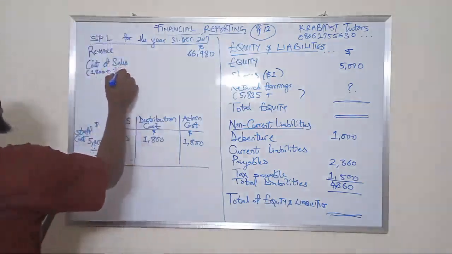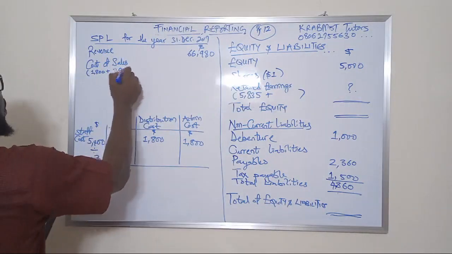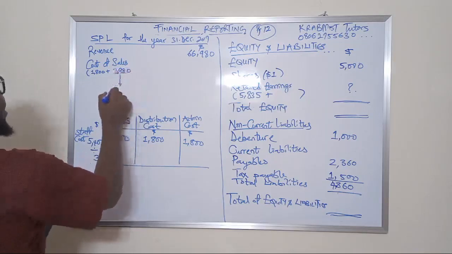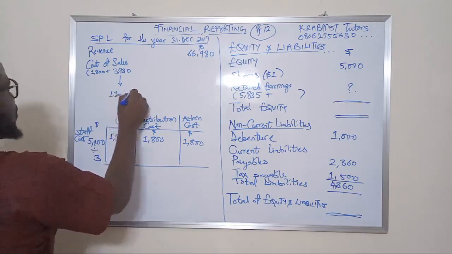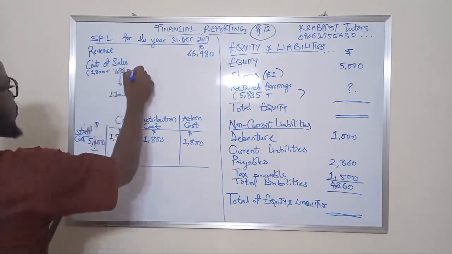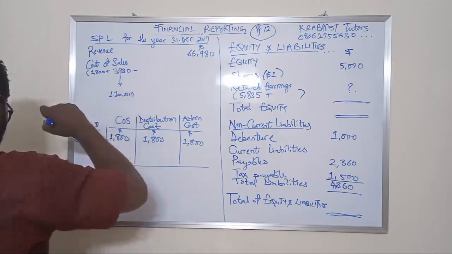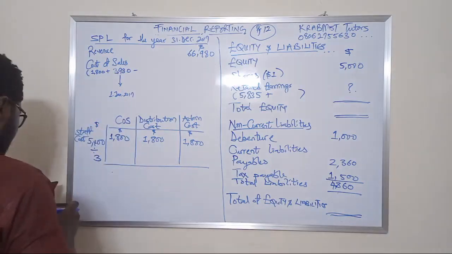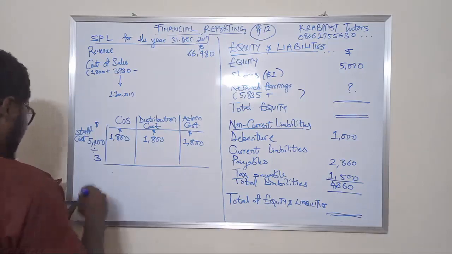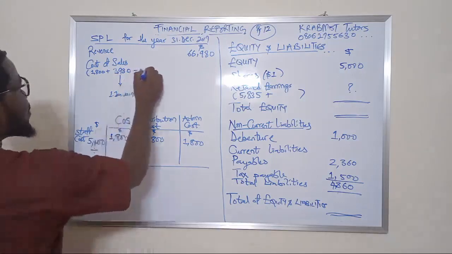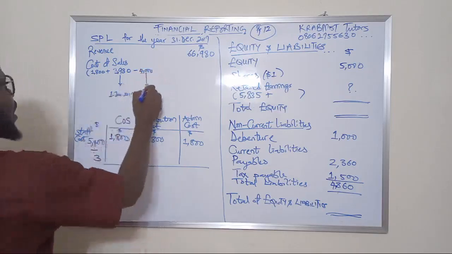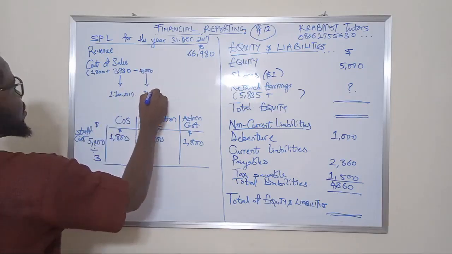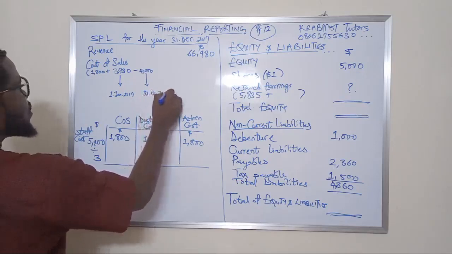Okay, in order not to waste time, this is the inventory as at 1st of January 2017. Then this is less the inventory we have as at 31st December 2017.